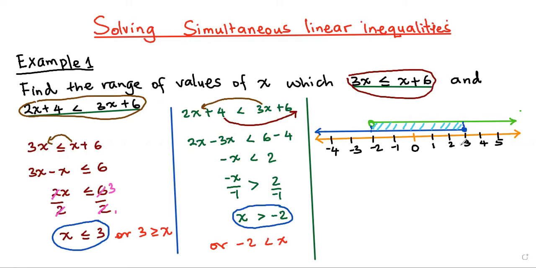It implies that 3 makes this inequality and this inequality true. Even 2 makes this inequality true. Even 1, 0, -1, but -2, we do not include it because you can see this is an open circle. So -2 is not a solution, but the solutions are the ones that are within this overlapped part. Is that okay, student? Do you understand?